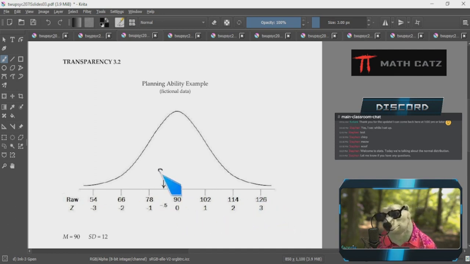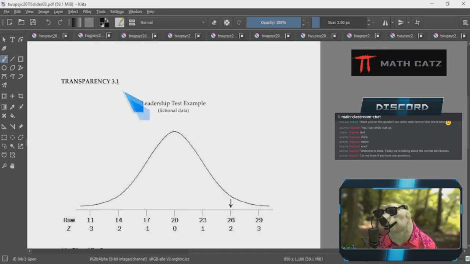So here this one would be 84. So I can express the distance away from the center in terms of how many standard deviation steps or fractions of a step did I go and in which direction. So -1 would be a full standard deviation step below the mean. 3 would be 3 standard deviation steps above the mean.